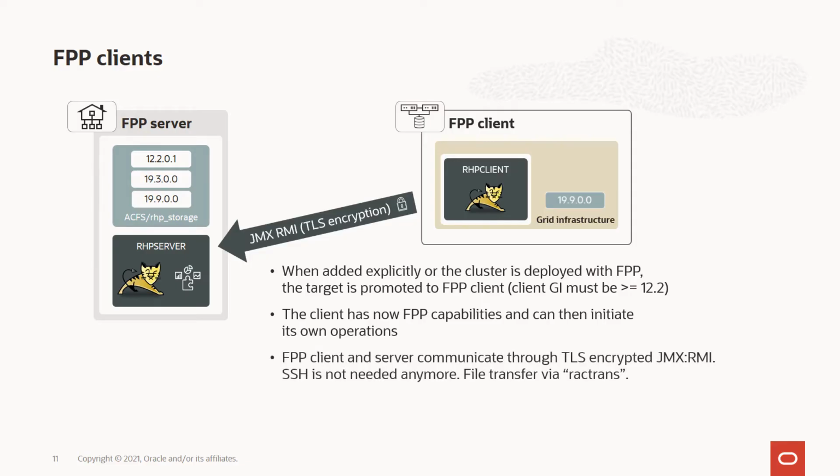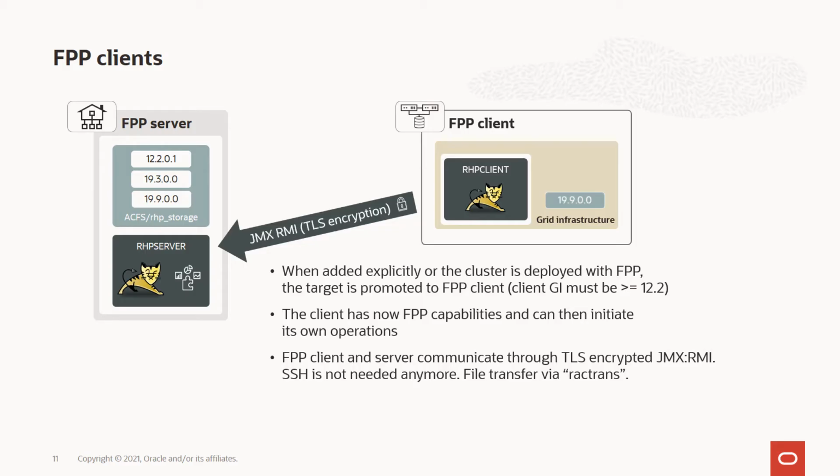And of course, there is a protection mechanism. There are grants and roles that make sure that nobody in a client can initiate operations for other clients. So a client can initiate operations only for itself. But the FPP server, of course, can initiate operations for all the clients.